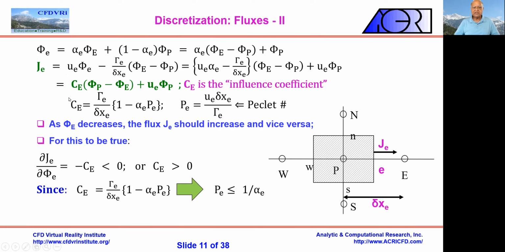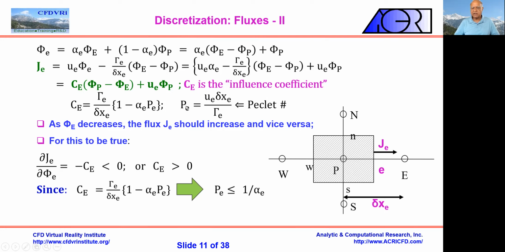Now, what is the influence coefficient here? If you see from here, it is the diffusivity divided by the distance, times 1 minus alpha times what we call the Peclet number.